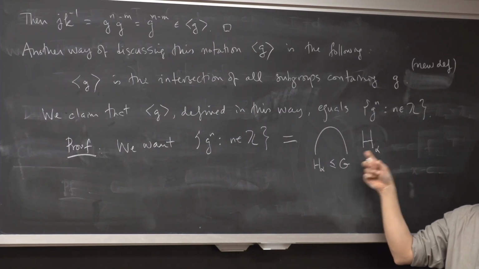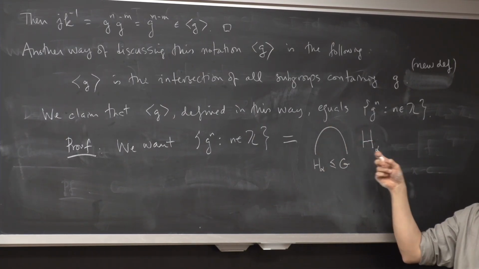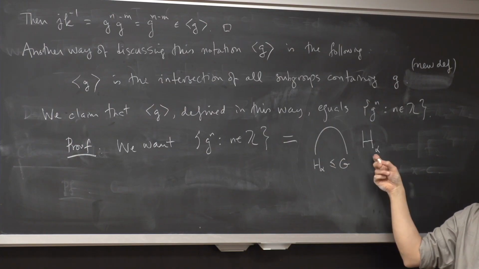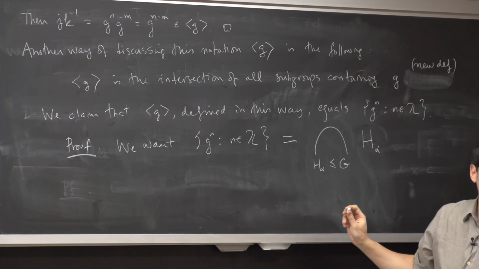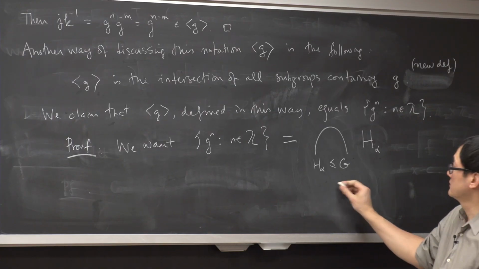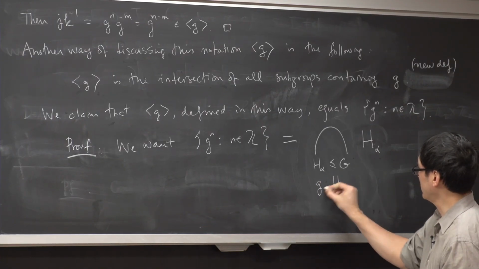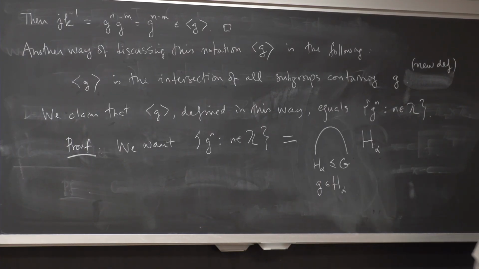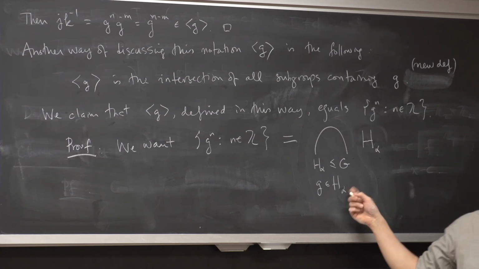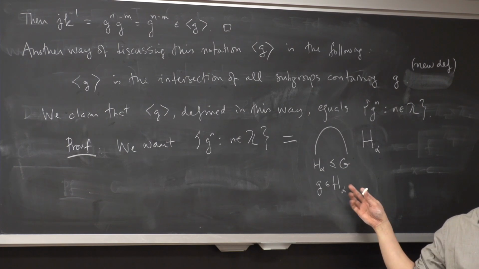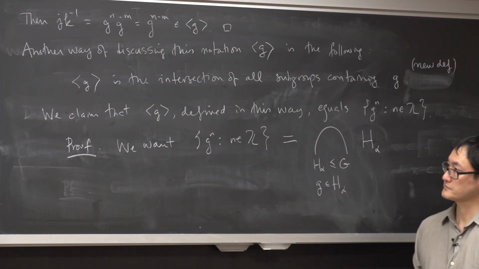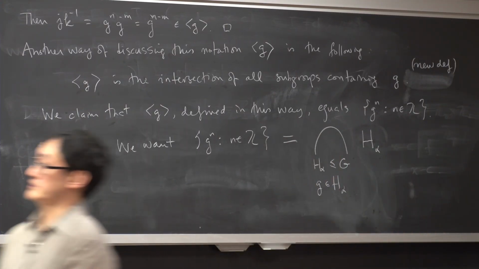Now, what do I know? What kind of subgroups do I want to intersect? I want to intersect all possible subgroups that do what? Someone? That contain G, like this. This is what I want to prove now. Does everybody understand? This is a difficult point. It's a little messy. That's what we want to prove.